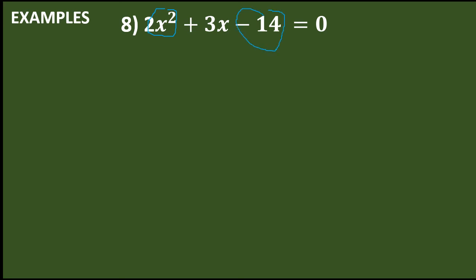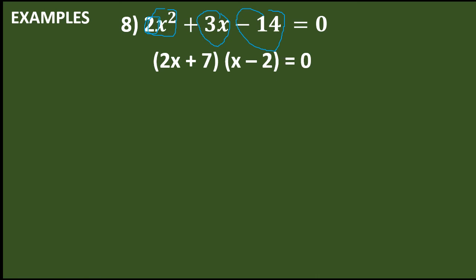So we have to find the factors of negative 14, and if you are going to add them, it will become 3. So we have 7 and 2. But which one is positive and which one is negative? And we also have to consider the coefficient 2. So in this case, the factored form, we have quantity 2x plus 7 times the quantity x minus 2.